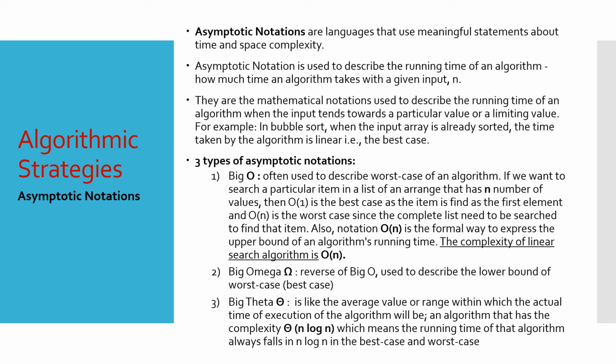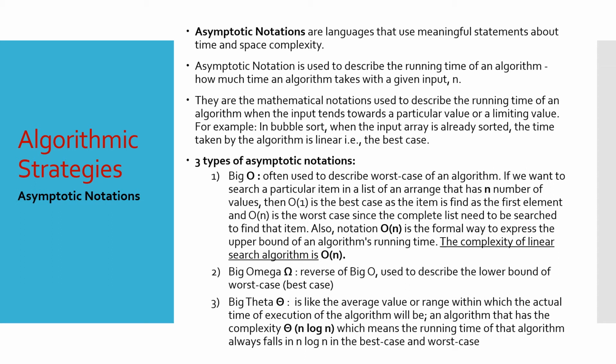When you say O of 1, it will go find the very first element in that array. And between O of 1 and O of n, O of n is the worst case, since the complete list needs to be searched. So when a computer gets a command to get me the item, it will search the whole list and then get you the answer.